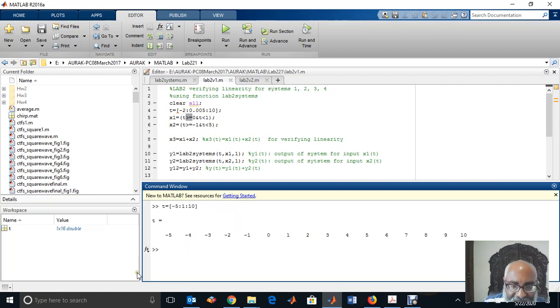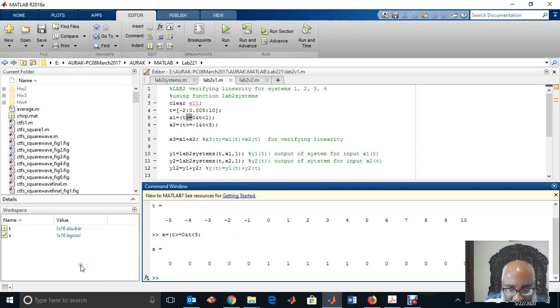And if I define x as a vector, x is equal to t greater than or equal to 0 and t less than 5. Okay, which means it is between 0 and 5, including 0, excluding 5.